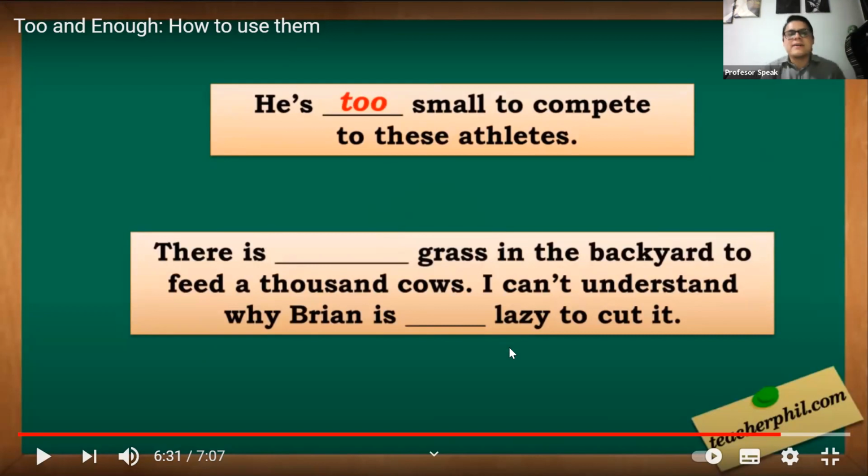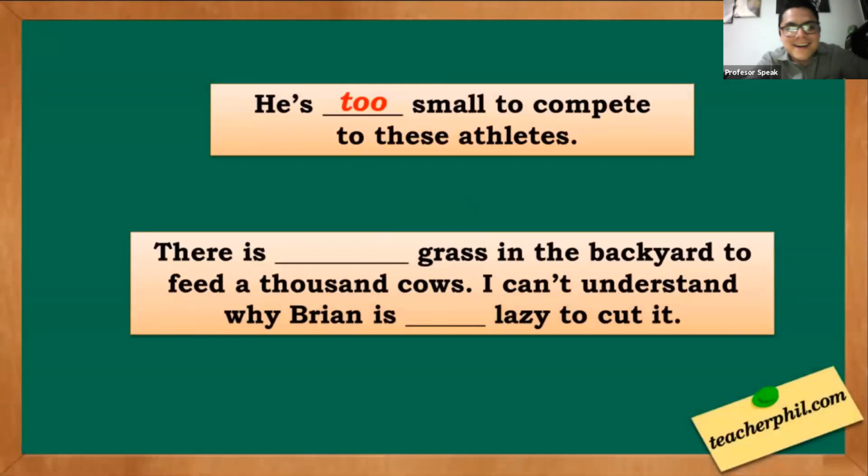Okay, Carlos Avelar, please continue. There is enough grass in the backyard to feed 1,000 cows. I can't understand why Brian is too lazy to cut it. Okay. Last one. There is blank grass in the backyard to feed 1,000 cows. I can't understand why Brian is blank lazy to cut it.